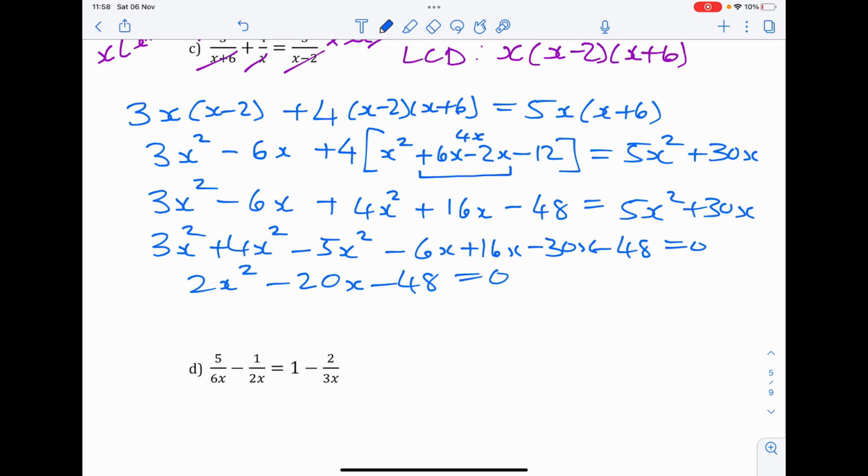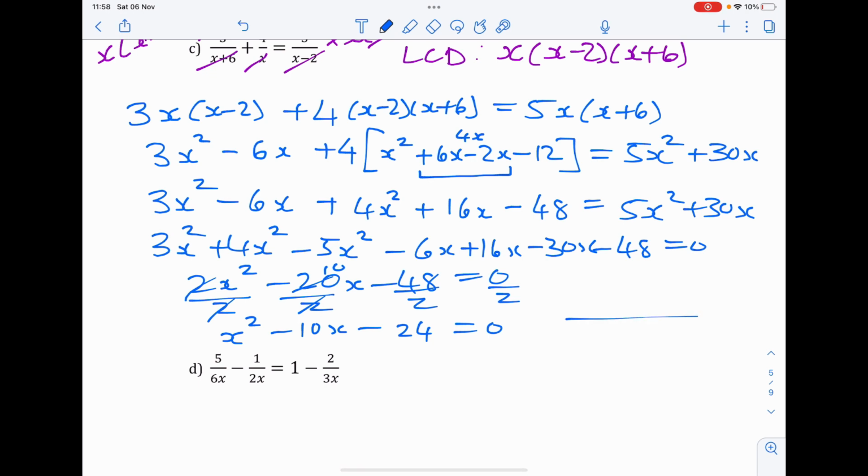What I'm going to do here is divide each term by 2, which is a perfectly acceptable thing to do. So we're left with x squared minus 10x, 48 divided by 2 is 24, equals 0. And this is now a trinomial.